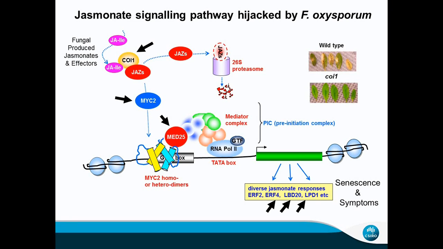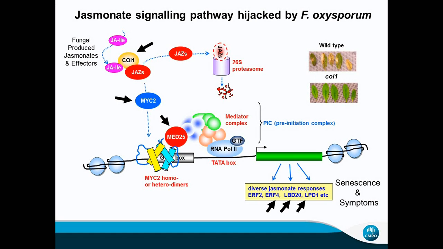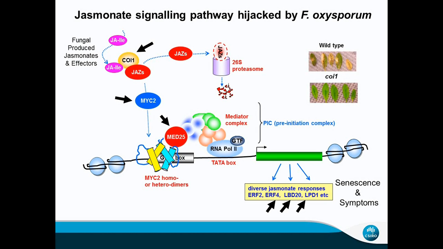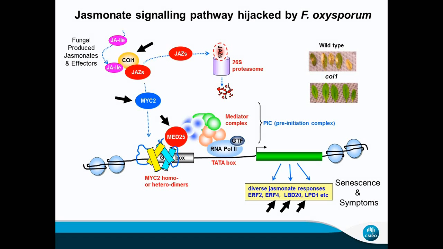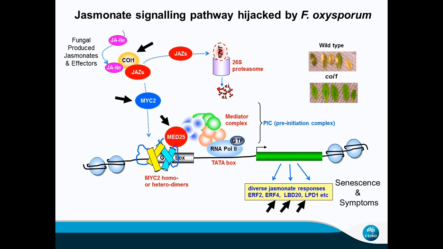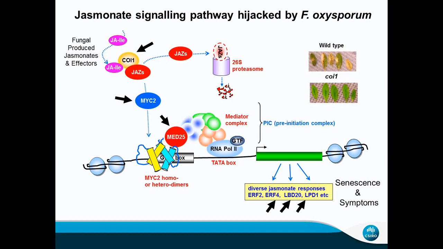If there is no threat from any pest or pathogen, plant defense responses need to be suppressed. So these JAZ proteins act as suppressors of the jasmonate pathway. But if jasmonate levels increase in the plant after a pathogen attack, jasmonate binds to these co-receptor complexes, and the JAZ repressors are degraded by the proteasome.